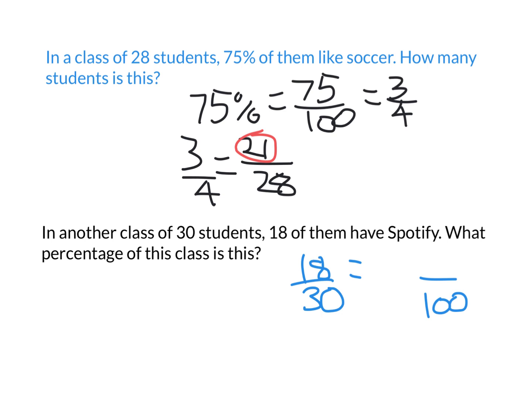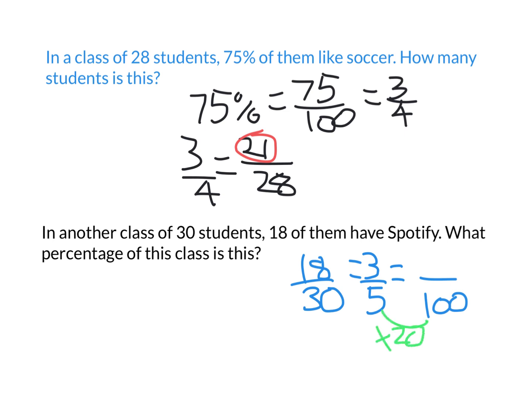18 over 30 can be simplified because 18 and 30 have a common factor of 6. So 18 divided by 6 is 3. 30 divided by 6 is 5. So now it's going to be a lot easier to convert this one to a percentage than it was this one, because 5 goes into 100. 5 goes into 100 20 times.